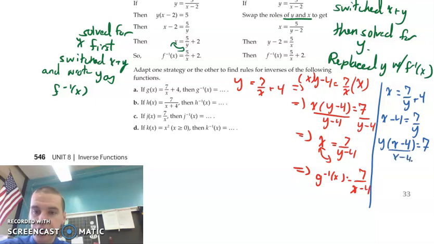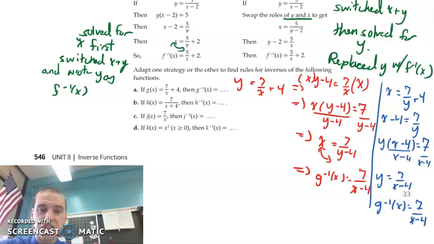Divide by x minus 4 to get y alone, to get y equals 7 over x minus 4. And because we solve for the inverse, you need to replace it with g inverse of x equals 7 over x minus 4. Either strategy is correct. Please understand that. Either strategy is correct.